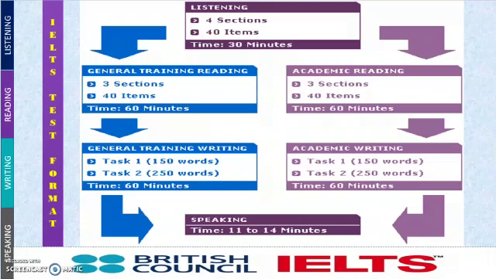While all the students take the same listening and speaking, they sit different reading and writing tests depending on whether they have selected the academic module or the general training module. On the day of the test, the 4 subsections will be taken in the following order. So this is the IELTS test format.